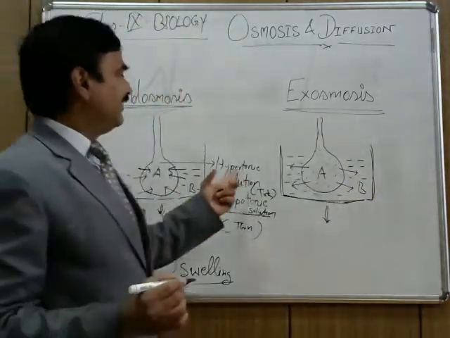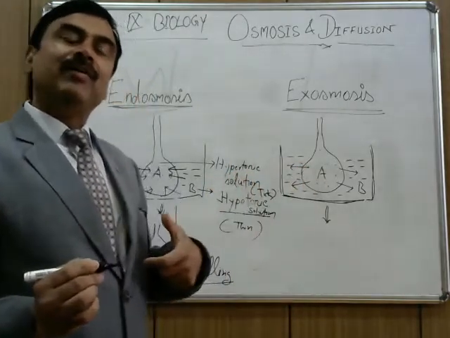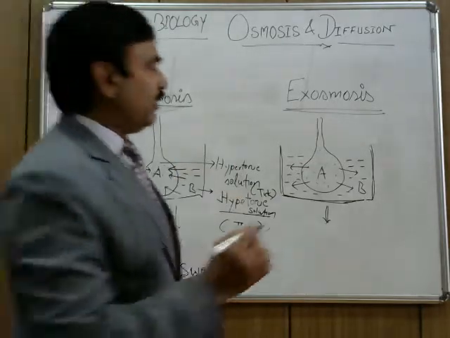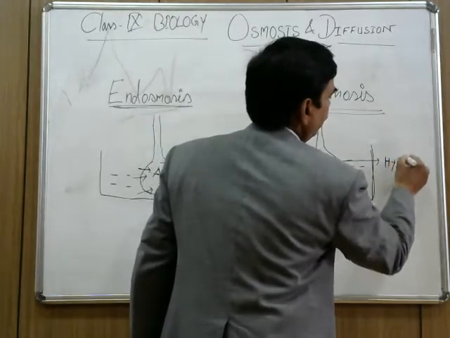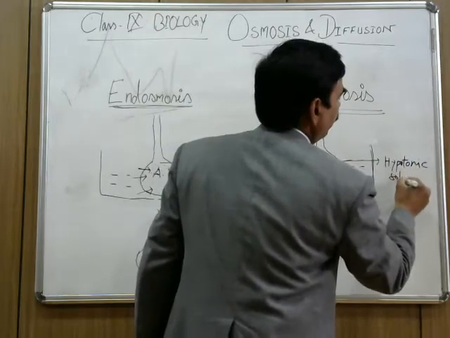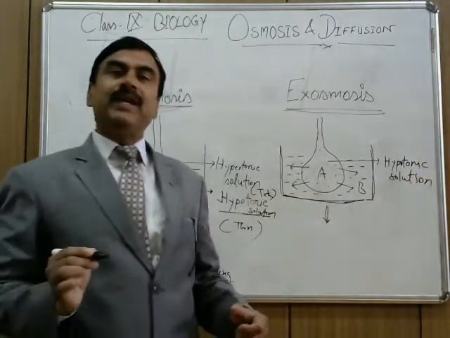Look at this. Here A will be hypotonic. And B tonicity would be hyper.